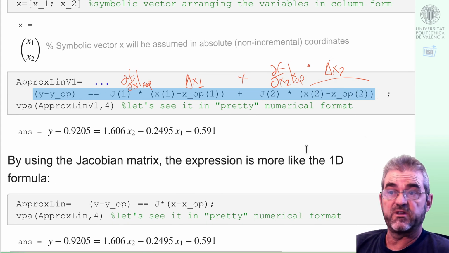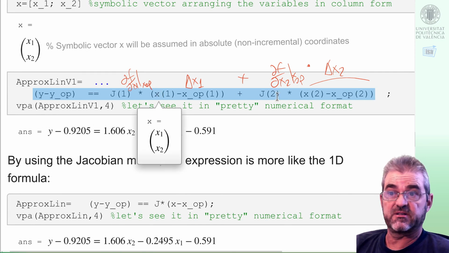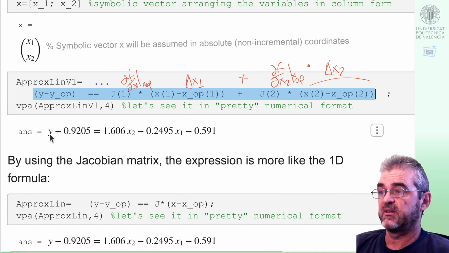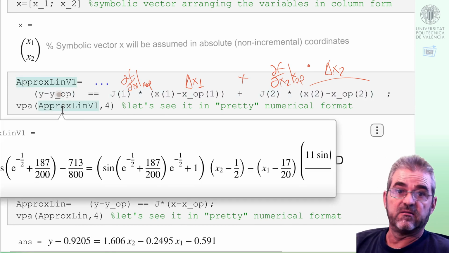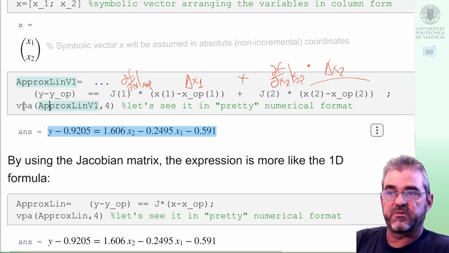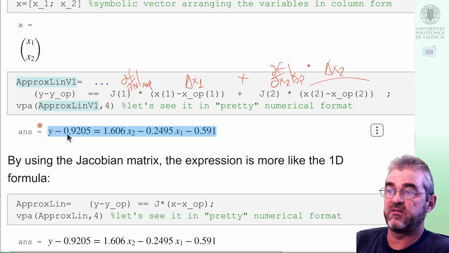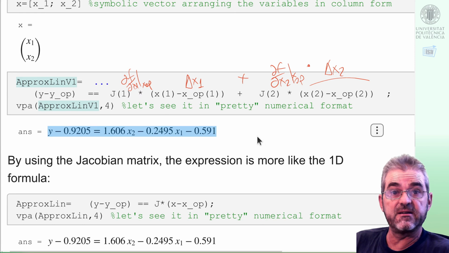So I wrote that with the symbolic toolbox, but okay, as x is in absolute units in here and here, all three letters x1, x2, y are in absolute units. And then I tell Matlab to express this stuff with variable precision arithmetic for significant figures and put it in pretty form, and it returns me this equation, which is the equation of a plane, which of course is the tangent plane to the function at the operating point.